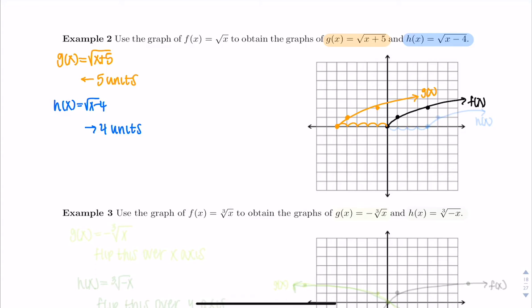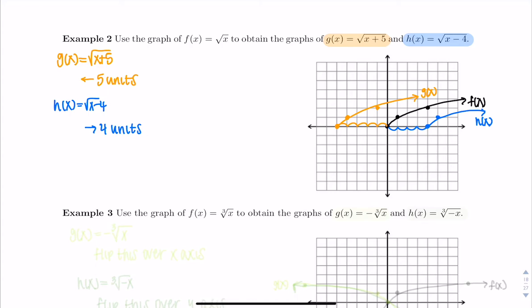So you just take the original graph and move it 4 units to the right. You can't really see the third point, but you can get the idea. So that's horizontal shifting to the left and to the right.